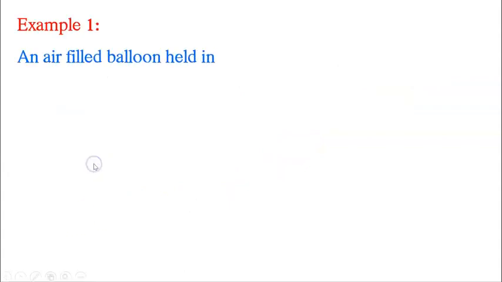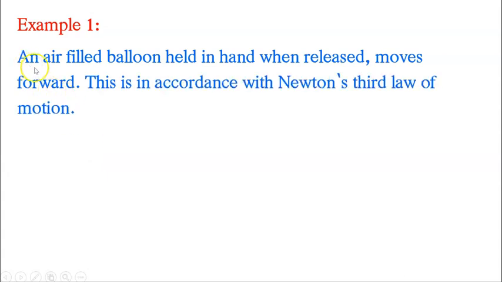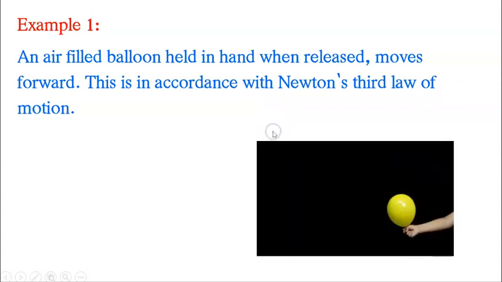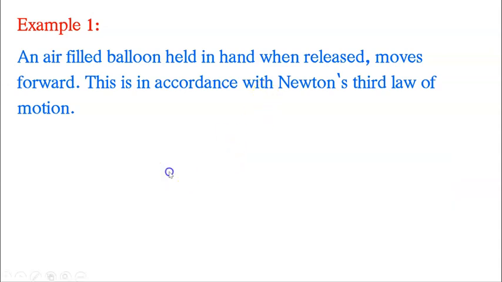Now the first example, an air-filled balloon held in hand when released moves forward. This is in accordance with Newton's third law of motion. See this here, when we release it, it moves in forward direction. Okay, now the explanation.